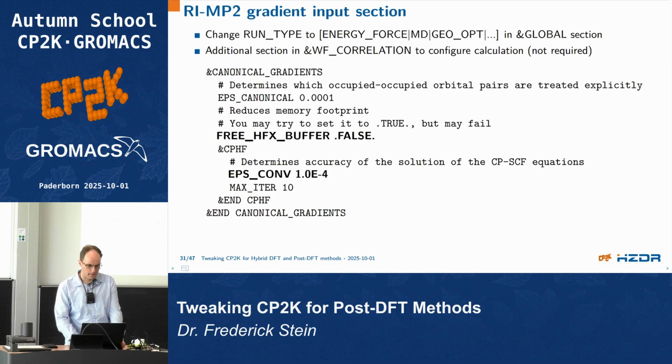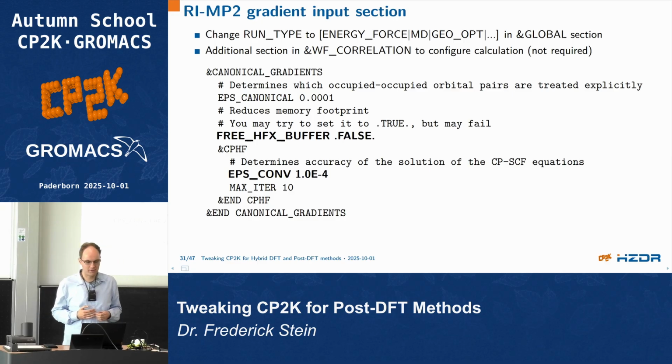Okay. Maybe a few words on how to set up the gradient calculations. Of course, you start with a setup for the energy calculation, but in addition you can configure the gradient calculations. For that, CP2K has an additional section, the canonical gradient section. You don't have to set it explicitly, only if you need to adjust the parameters. One aspect is this free HFX buffer, which reduces the memory demands by freeing all the Hartree-Fock buffers.